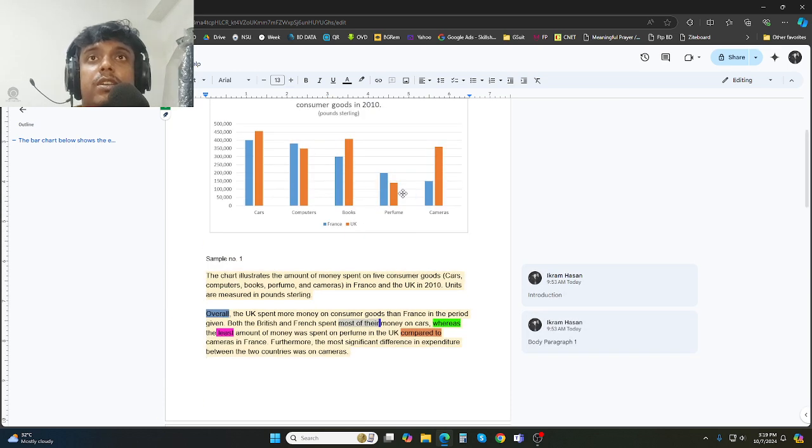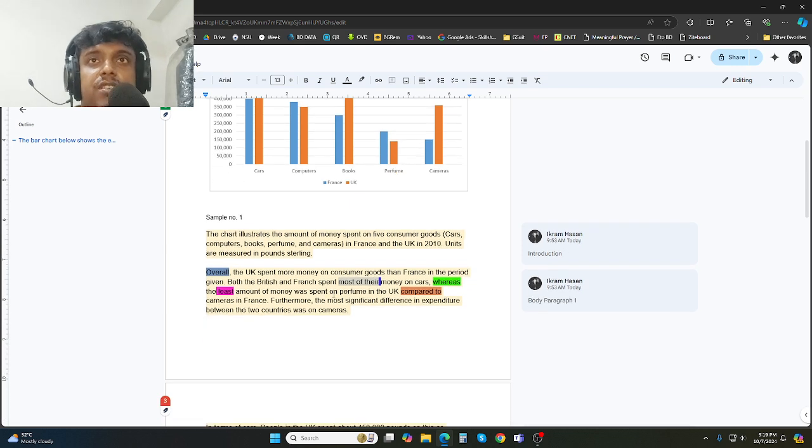So over here we can see the least amount of money or expenses was used buying perfume for both the countries. So this is the overall aspect, and then we are writing the next sentence.